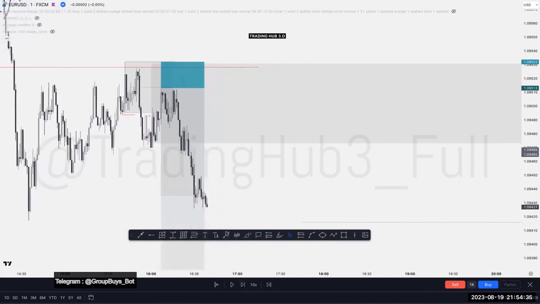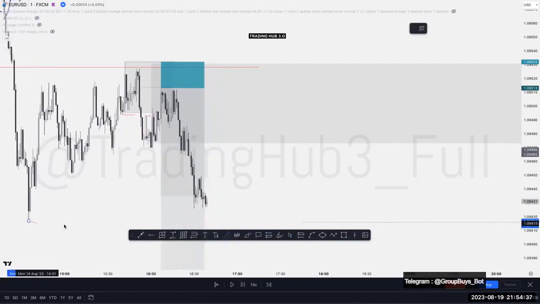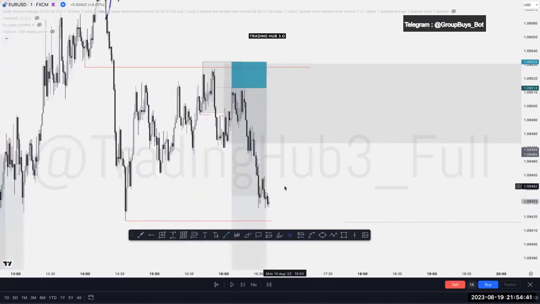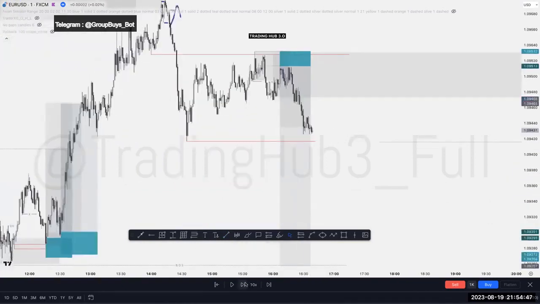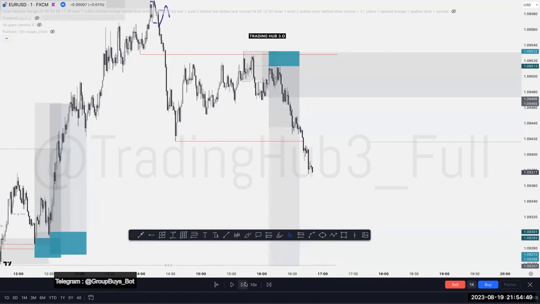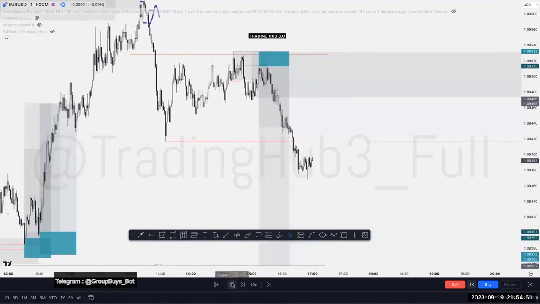And then when the market breaks this low, this is the main low, we can take a small partial, or you can set your stop loss at the break even point. It's up to you. Let's see what happened next here. Perfect.